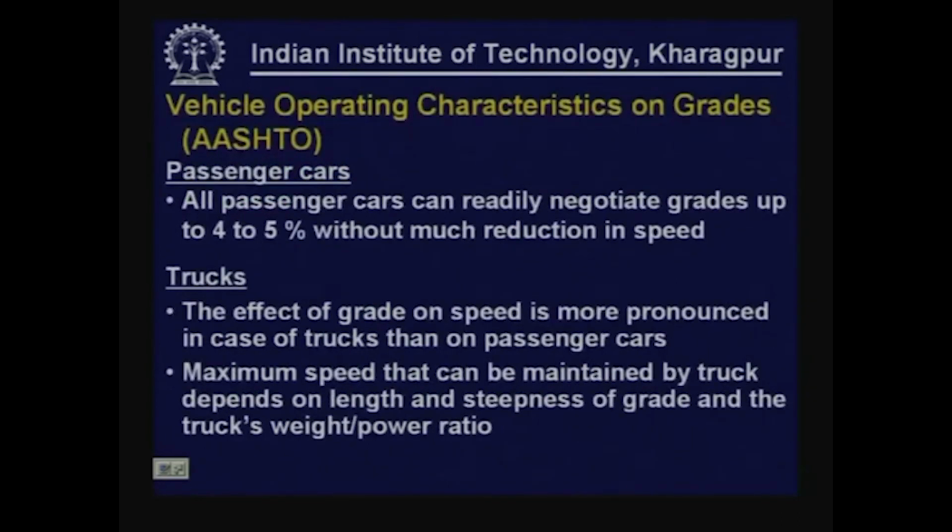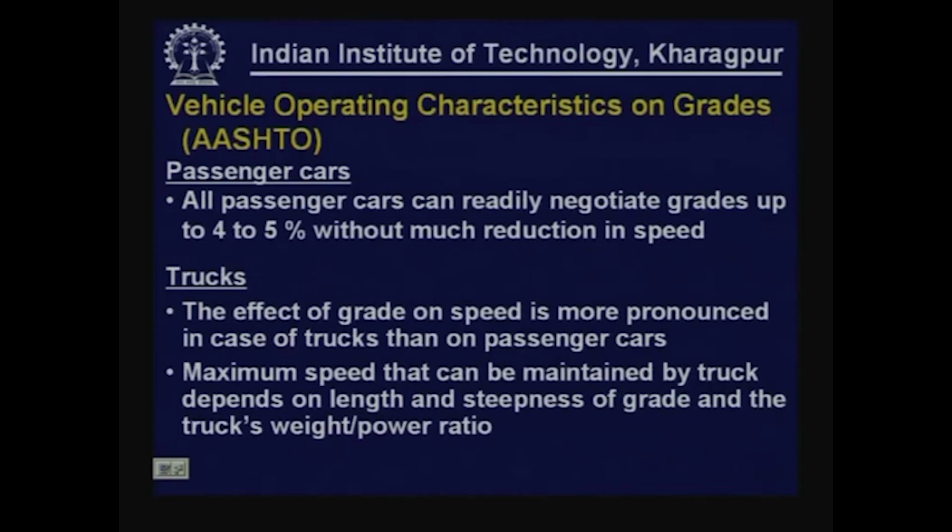The AASHTO recommendation about grade, what should be the maximum or minimum grade, is based on vehicle operating characteristics on grades. It is observed that almost all passenger cars can readily negotiate grades up to 4 to 5% without much reduction in speed.